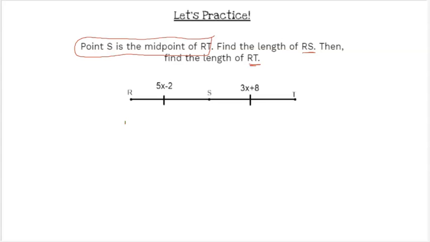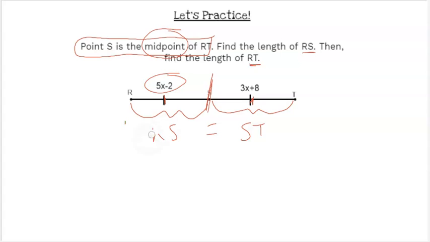We know that the midpoint S is cutting these segments in half, so RS is equal to ST. Because S is the midpoint, these 2 pieces are congruent, which means their measures are equal, so we can replace RS with its measure, 5x minus 2, and ST with its measure, 3x plus 8.